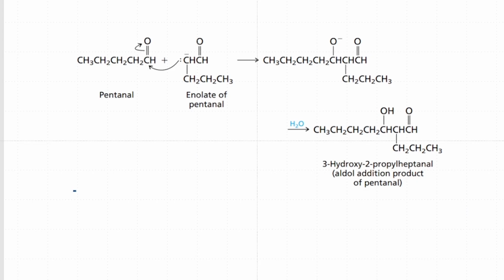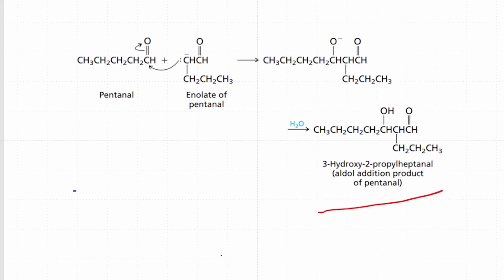The enolate of pentanal can attack the carbonyl of another pentanal and produce this kind of an intermediate. And then this intermediate can pick up a proton to give you 3-hydroxy-2-propylheptanal. So this product here is the aldol addition product of pentanal.